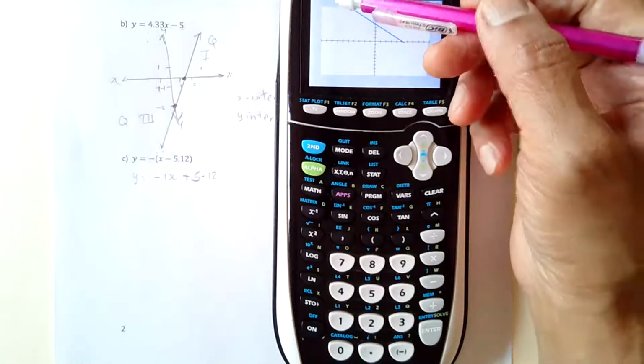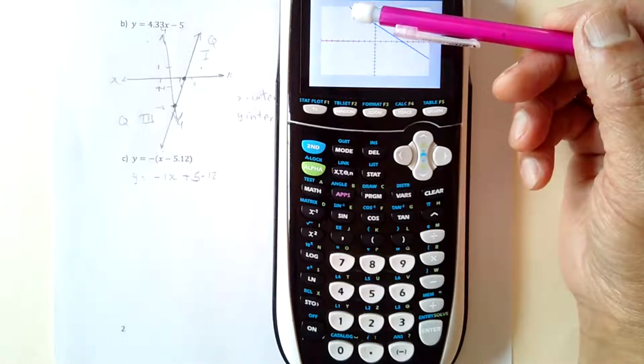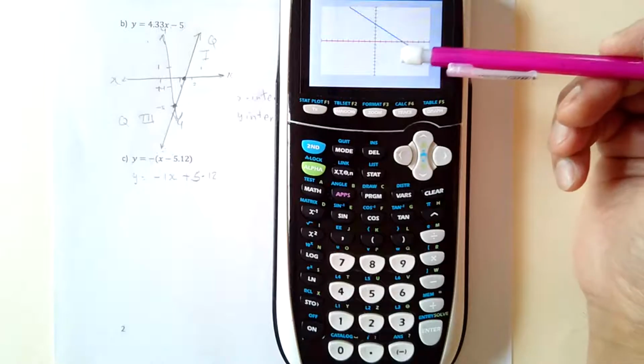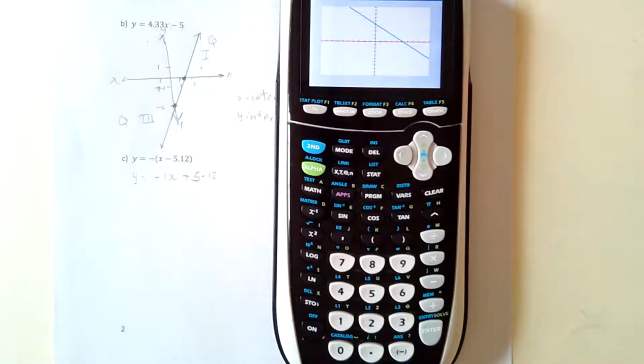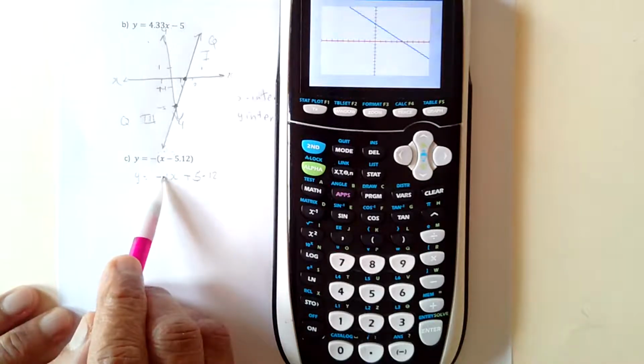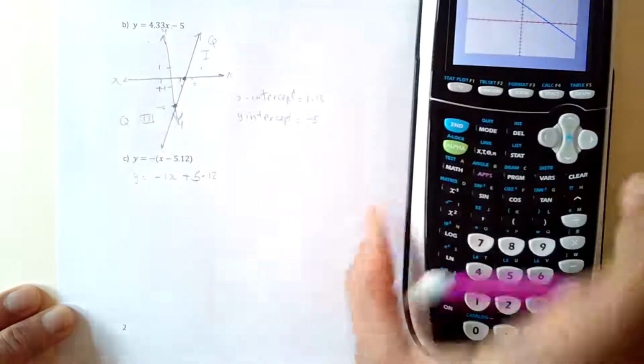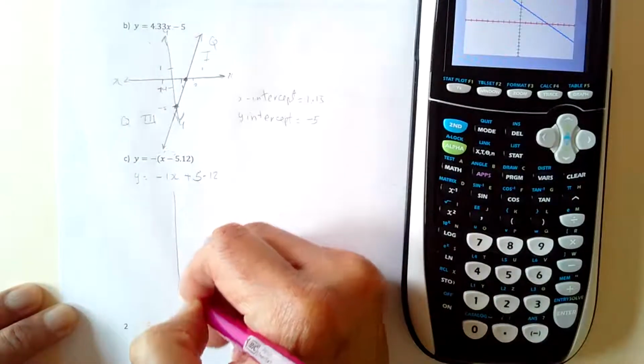Notice now this graph is moving from quadrant 2 to quadrant 4, so we say it's a decreasing graph. The slope is negative, as we can tell from here. Let's do a sketch of this graph.